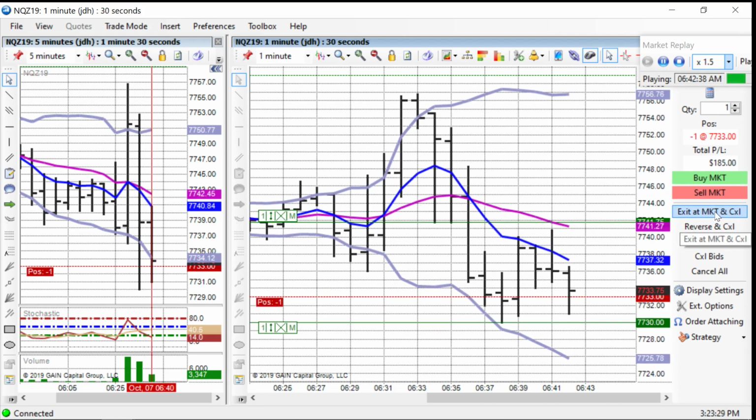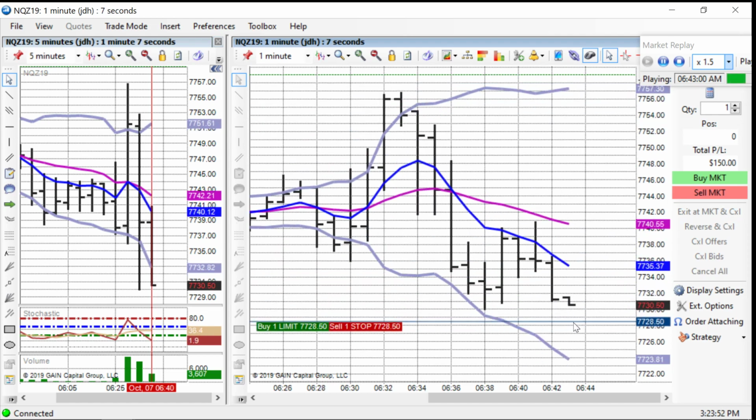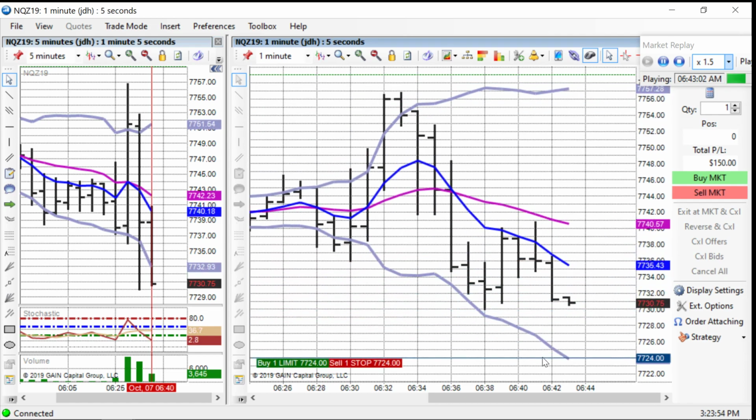I'm going to try to exit if I get back into the profit zone. Profit zone would be from the entry to the target. I think I got in this one poorly timed, so I'm just going to get out of it. It may come down to hit my target, but I just wasn't sure about it.